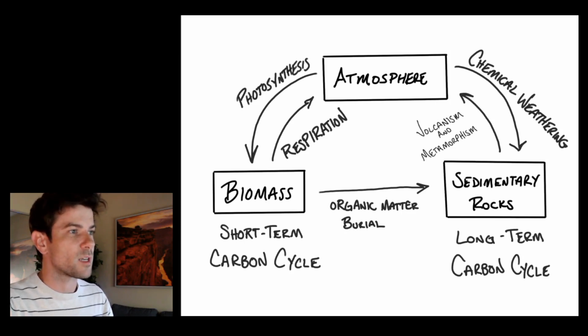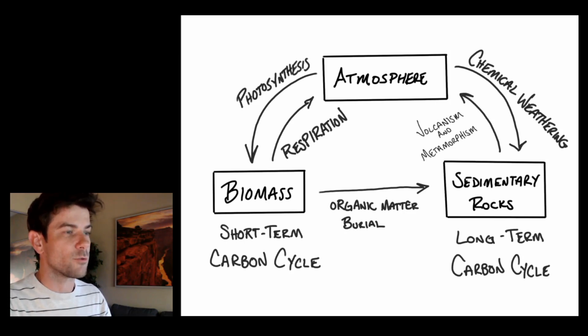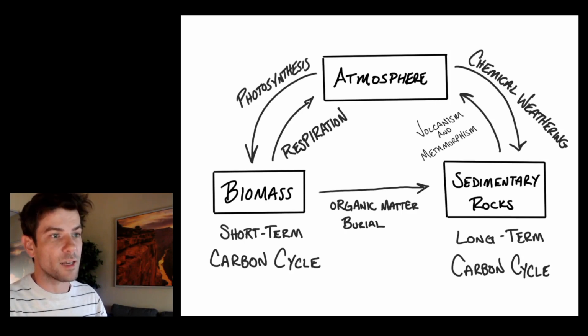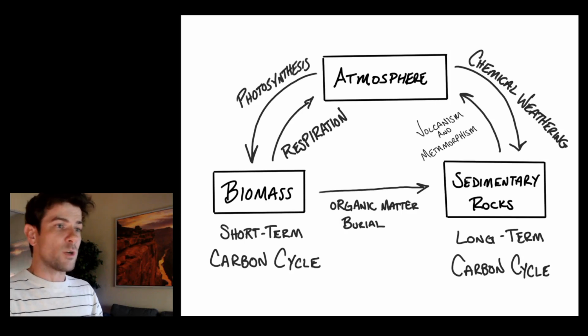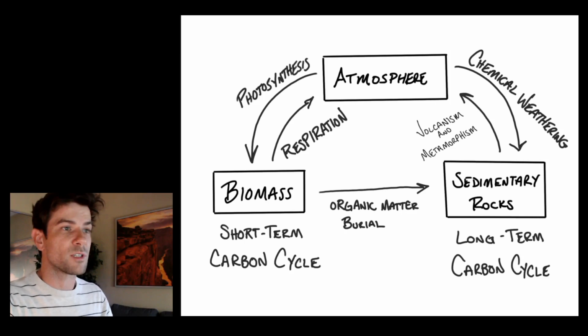So the short-term carbon cycle is really concerned with photosynthesis or primary production, and then subsequent respiration and cycling of carbon rapidly through those two reservoirs. Whereas the long-term carbon cycle is really concerned with this chemical weathering, turning atmospheric CO2 into carbonic acid, and then bicarbonate, and then forming a carbonate rock, which is stable for a long time period until it's subject to volcanism or metamorphism, where that carbon is returned to the atmosphere as CO2, right?